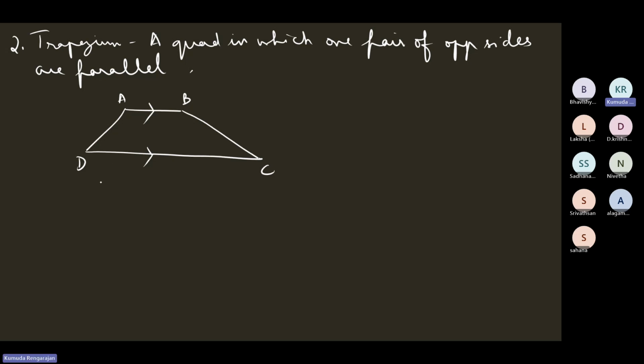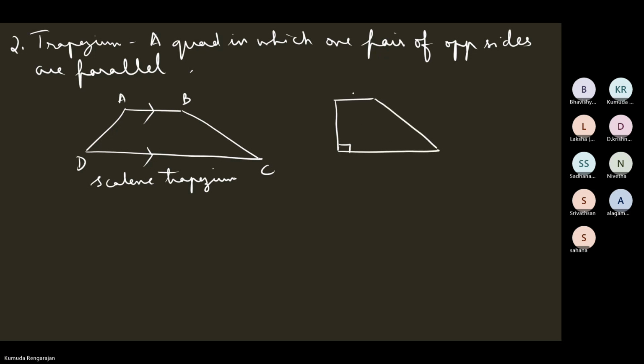So this is a scalene trapezium. This is a right trapezium. This one is an isosceles trapezium.